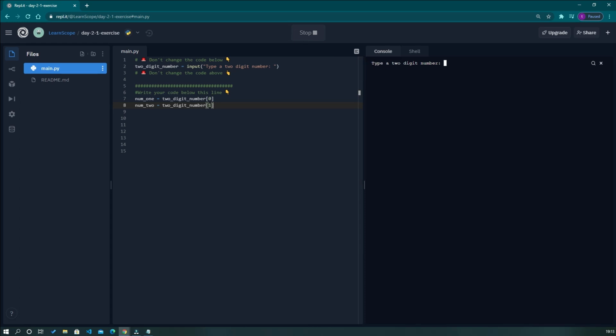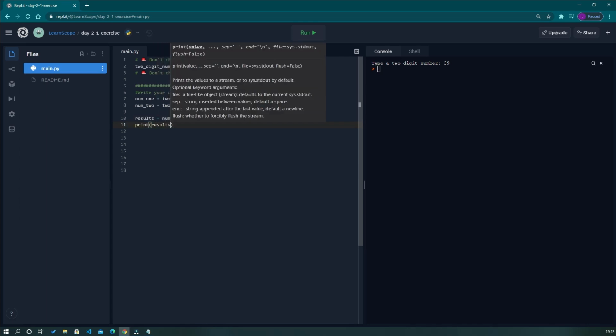What does this do? 3, 9. Okay. result equals num_1 plus num_2. Print result.